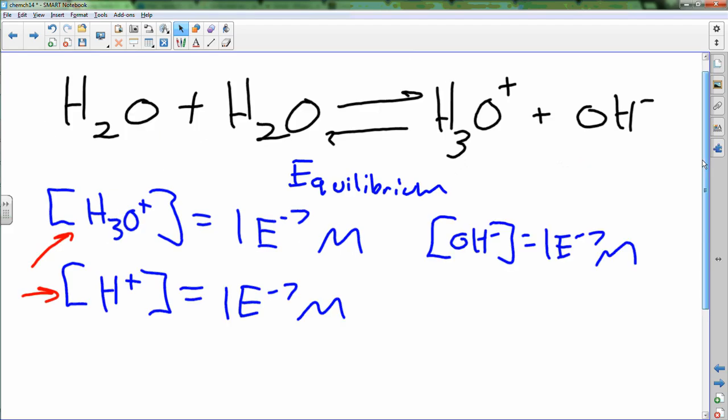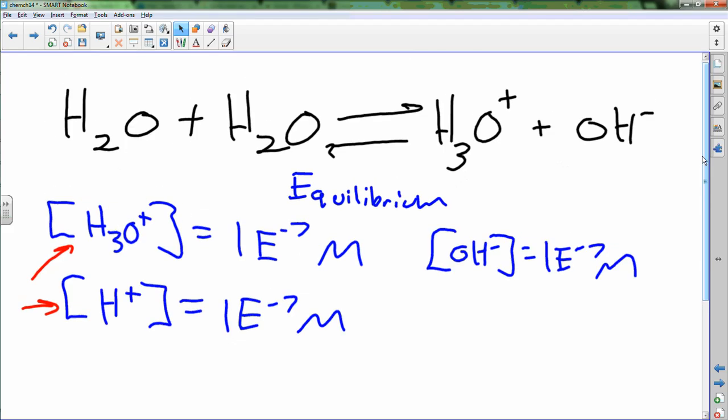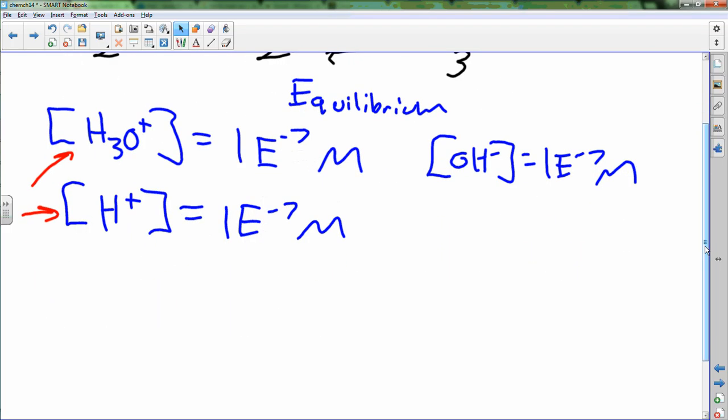In the reaction, we have 2 water molecules. If we get out a hydronium, you have to get out a hydroxide too. So in pure water, these two things are going to be equal to each other. They're both going to have a concentration of 1 times 10 to the negative 7.